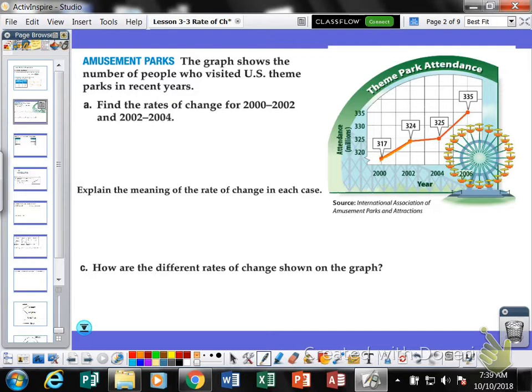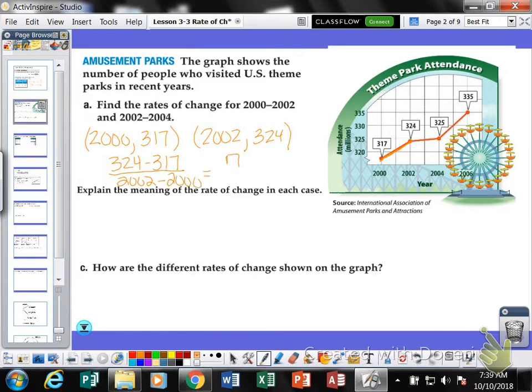So if we look at it as ordered pairs, it would be 2000 for the first one for our x, and that's because that's our year, and then 317 for our y. And then our second ordered pair would be 2002 and 324. So the change would be 324 minus 317 over 2002 minus 2000.